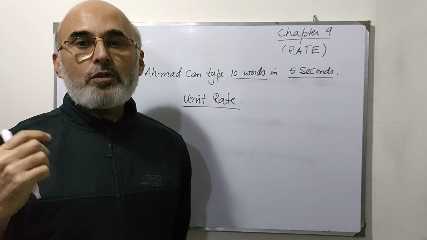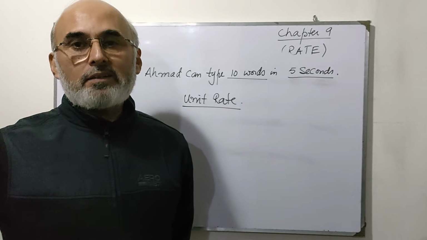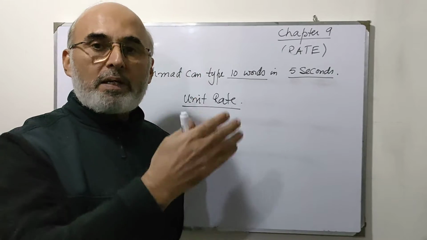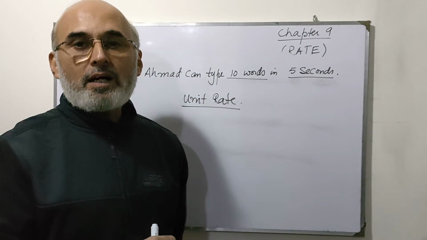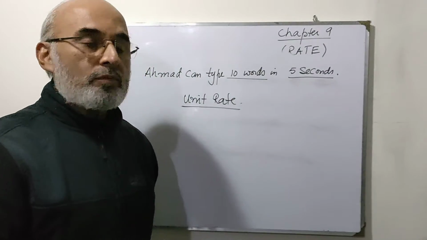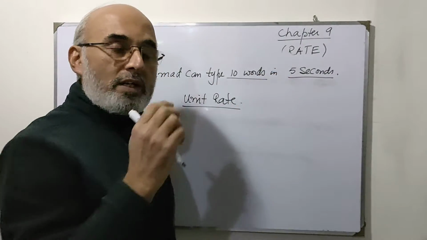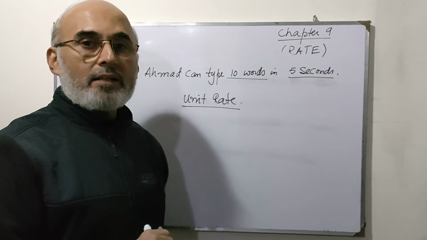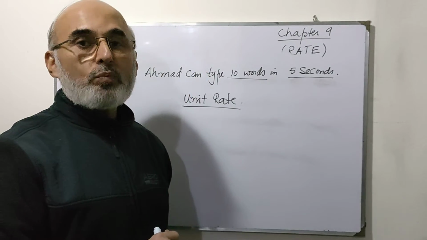That is, we need to know in that certain one what is being done to the other term. Like if Ahmed is typing, we are interested to know how many words he can type in 1 second.